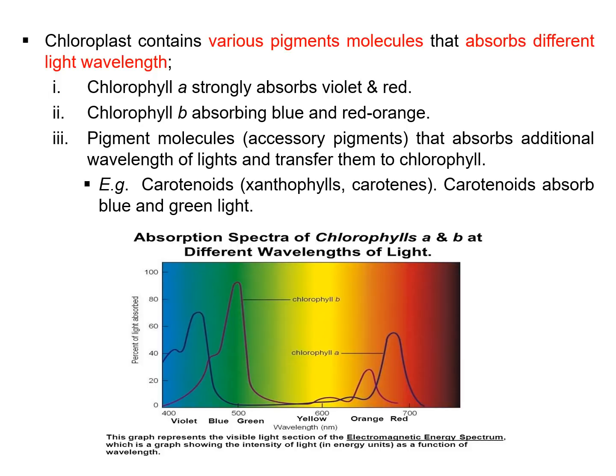Therefore, we can see the green light, which translates into 500 nanometer, is the most optimum light energy to be absorbed in most of the plants.